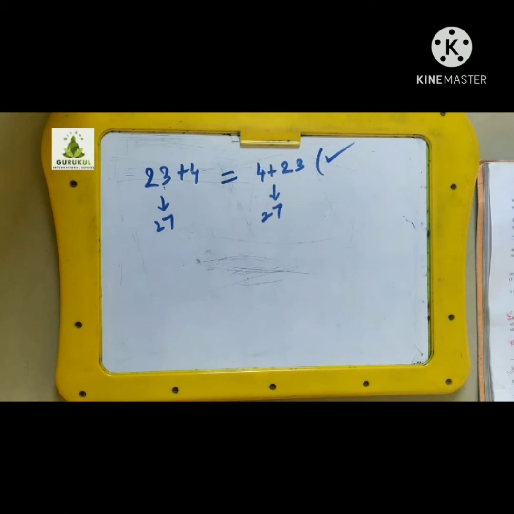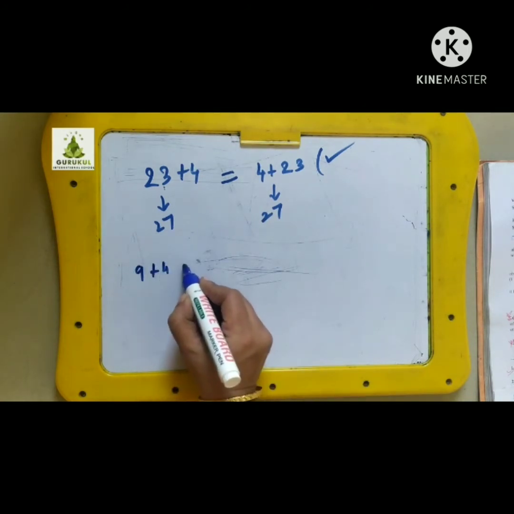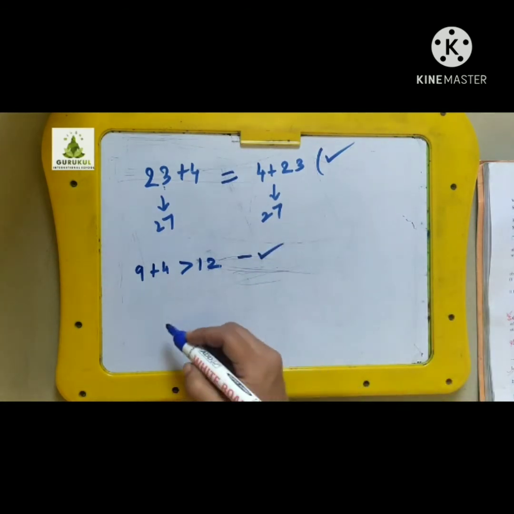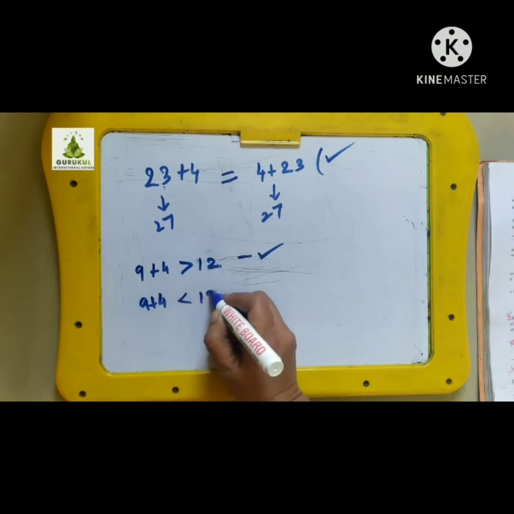Then second, you have here given 9 plus 4 is greater than 12. Now tell me what is the answer for 9 plus 4? Correct, it is 13. Now 13 is greater than 12, so you say this is right. Then next you have 9 plus 4 is less than 12.